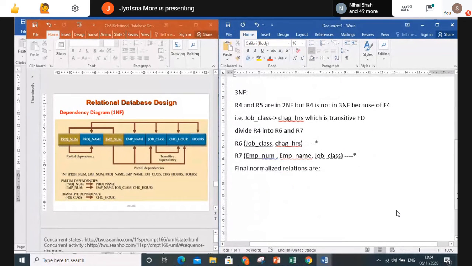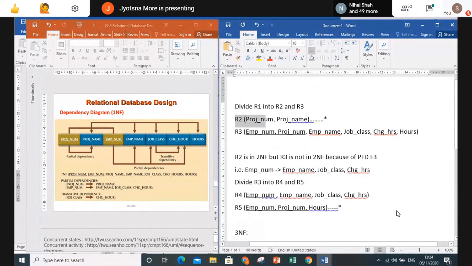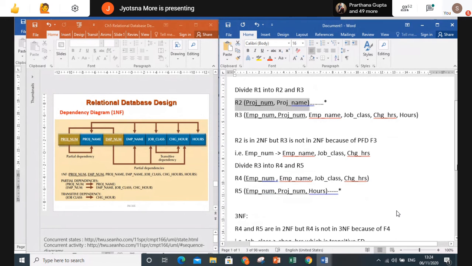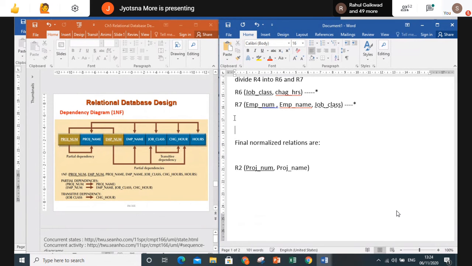So whatever your final relations are there, just copy those. This R2, which cannot be further classified, I don't require those stars. Just the relation. So I'm taking that here. Control V. Okay. Which are other? These two are there.